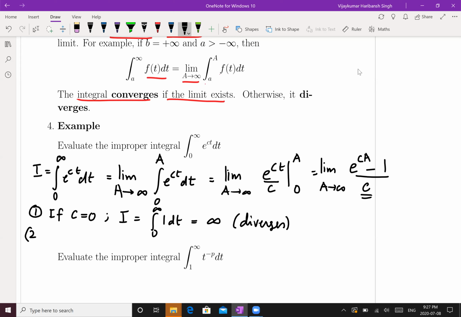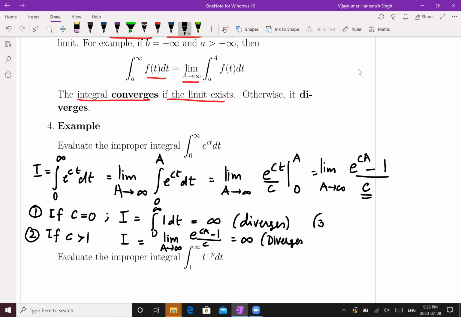Case 2, if c is greater than 0, then I equals the limit as a goes to infinity of e to the power ca minus 1 over c, and that goes to infinity as well, so it diverges.